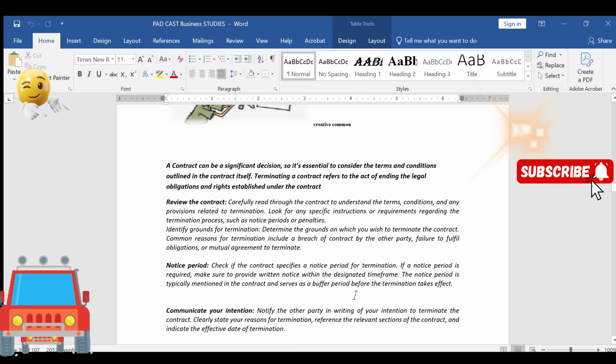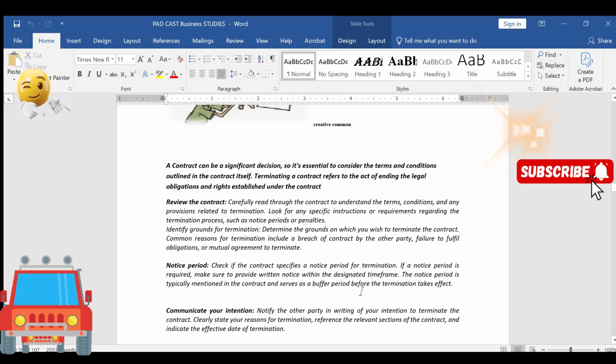Terminating a contract can be a significant decision, so it's essential to consider the terms and conditions outlined in the contract itself. Terminating a contract refers to the act of ending the legal obligation and rights established under the contract. Review the contract.